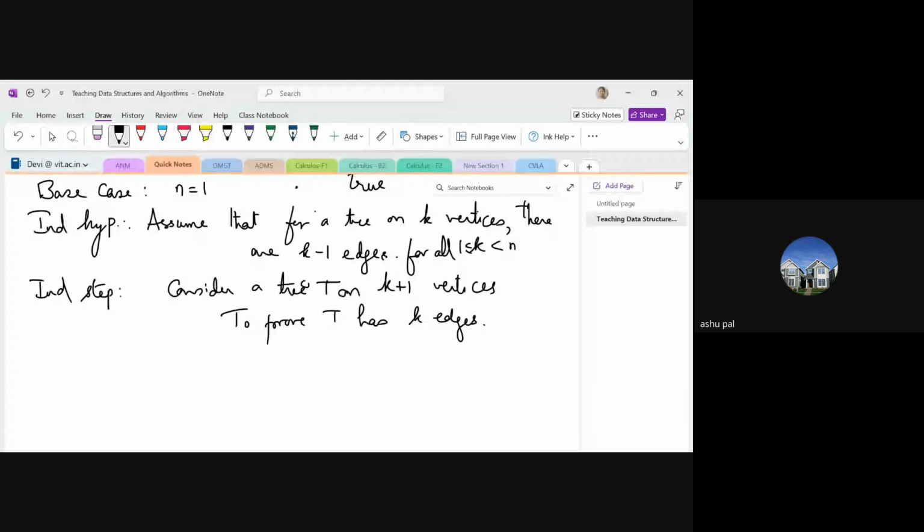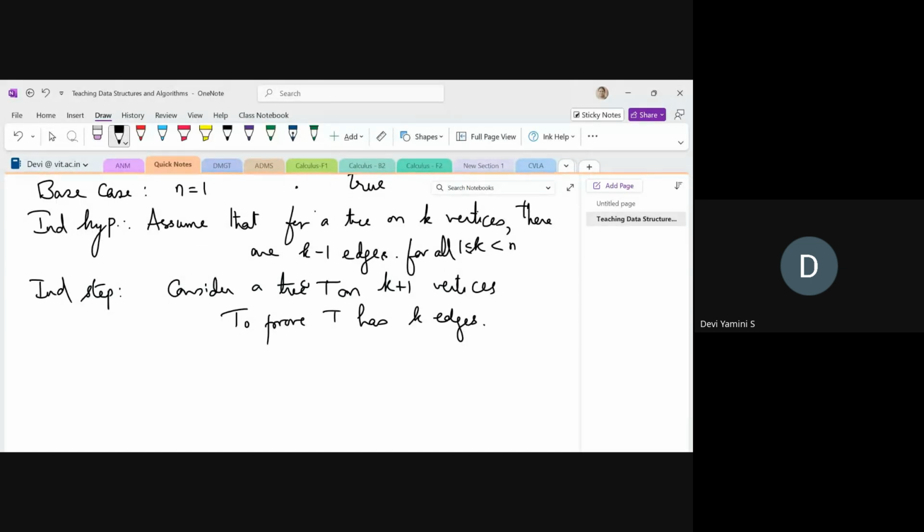We add one vertex and one edge, because for adding one vertex we need one more edge. Okay. How do you say that only one edge will be added? It can have two more edges as well. You are constructing a new graph, but I have a graph now which is totally different from the graphs I considered in the induction hypothesis.